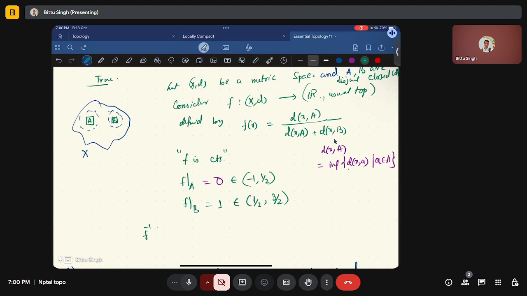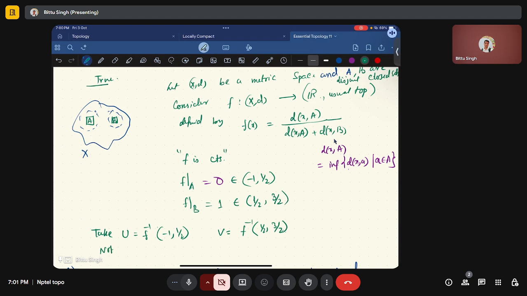Now take U equal to f inverse of (-1, 1/2), V equal to f inverse of (1/2, 3/2). Since those two are disjoint, if we take pre-images, those will also be disjoint, right?